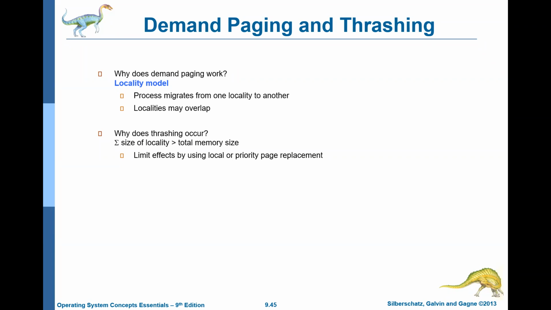The answer is it has to be at least big enough to maintain the localities. In other words, the simple definition of locality is the most commonly used pages of every program. Whatever the current locality is of each program, it has to be big enough to maintain the sum of all of them. If we go beyond that, then the fact that our memory is larger than our physical memory is going to cause us a lot of trouble. It's going to cause us something called thrashing.